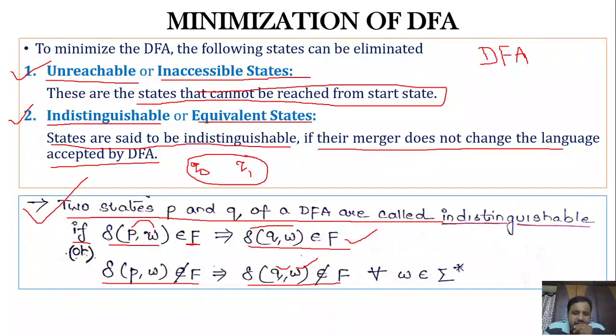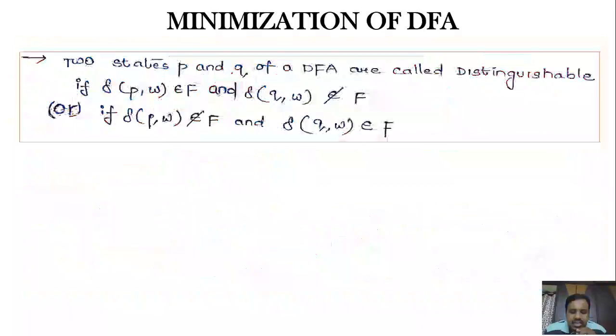If either of these conditions is satisfied, then the states are called indistinguishable or equivalent states. In this case, you can merge the states P and Q into a single state. In the given DFA, P and Q are separate states, but whenever these properties hold, you can merge them as a single state in the minimized DFA. I hope the point is clear now.